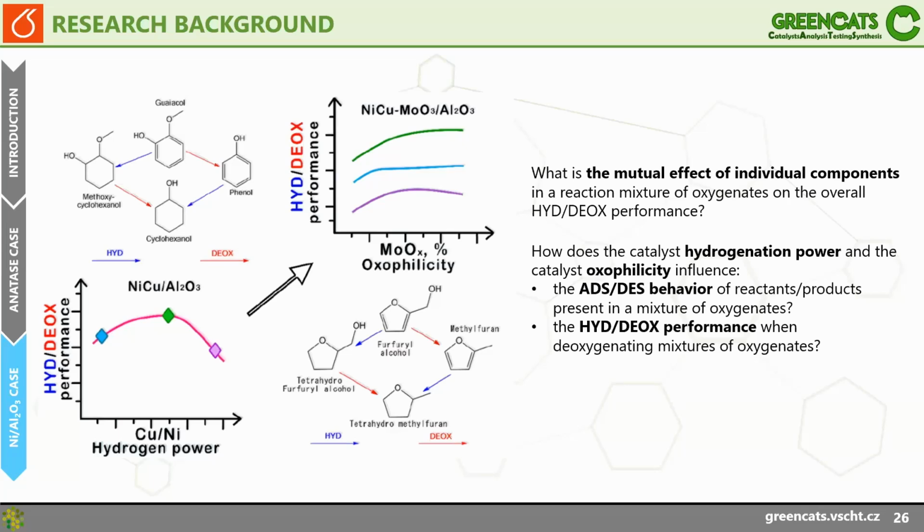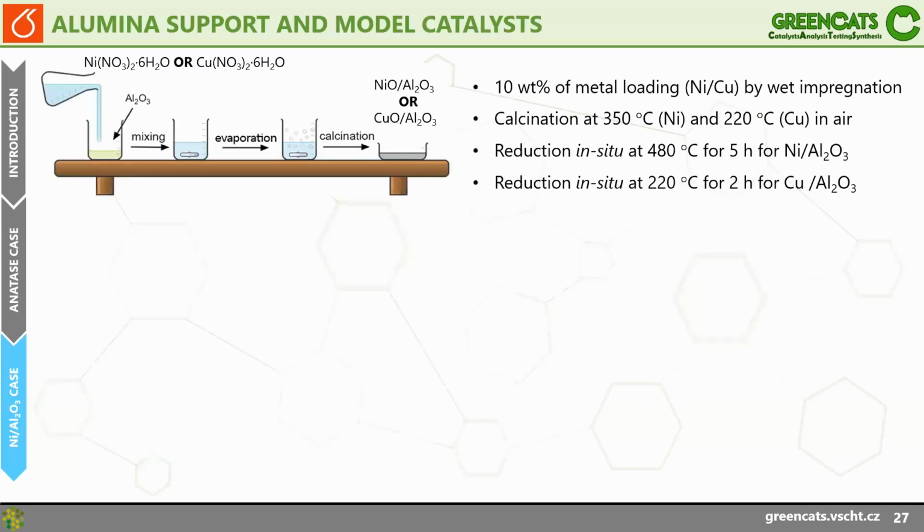a different type of molecule. So you add, for example, guaiacol to anisole, and the game changes on the surface. There are competitive effects, and so we wanted to check how this would be for the furanics, and we are still working on that topic, because we got stuck a little with this anisole.